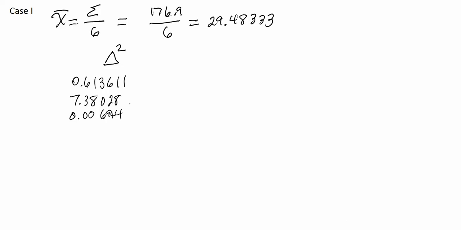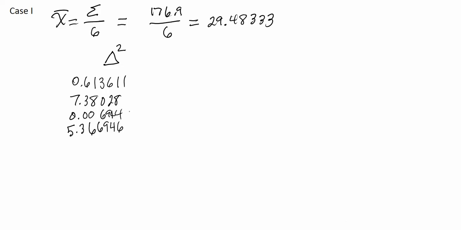Next observation was 31.8 minus 29.48333. Square that, and I get 5.3669646.